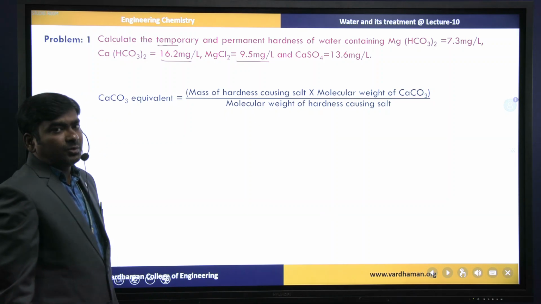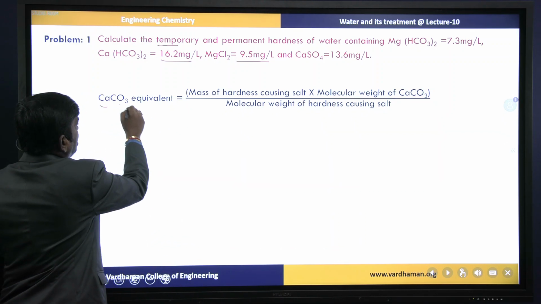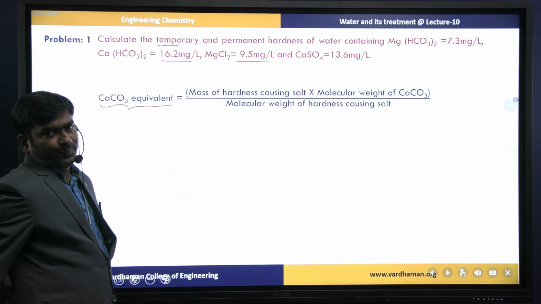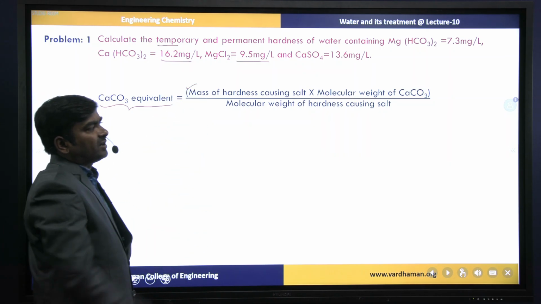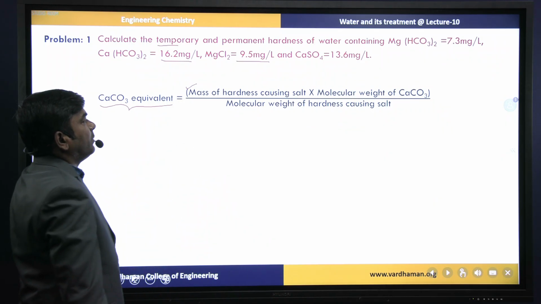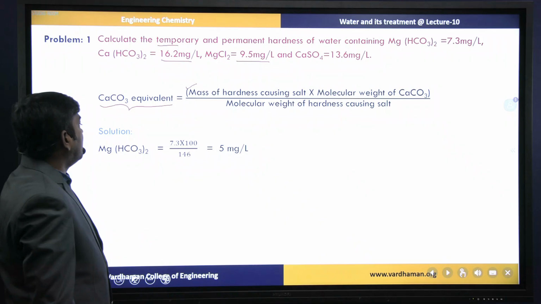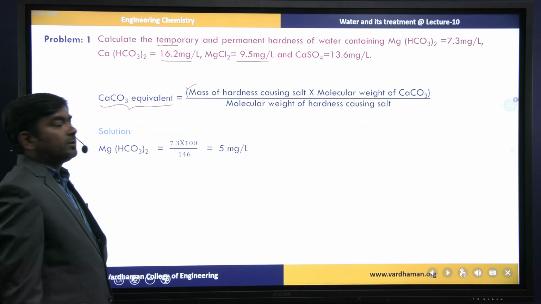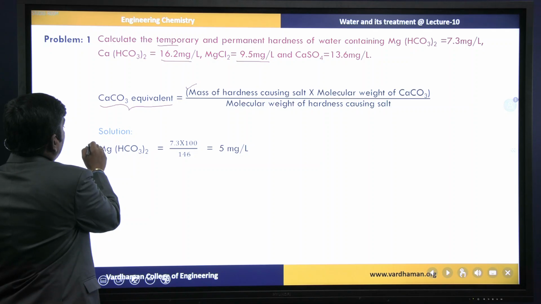So what we should do first is conversion into calcium carbonate equivalent weight, and the formula is mass of hardness causing salt times molecular weight of calcium carbonate divided by the molecular weight of hardness causing salt, right? So first salt is magnesium bicarbonate.